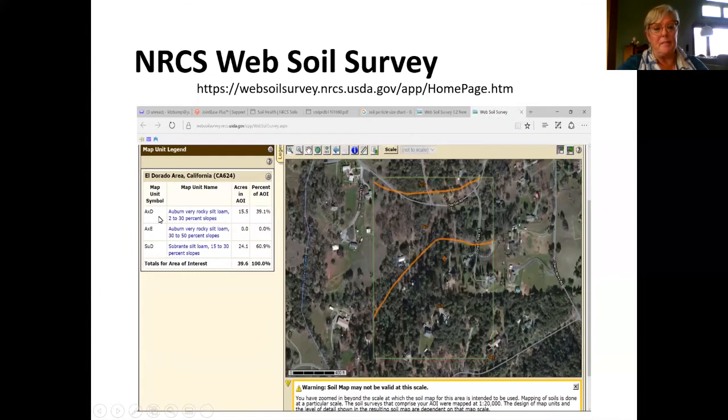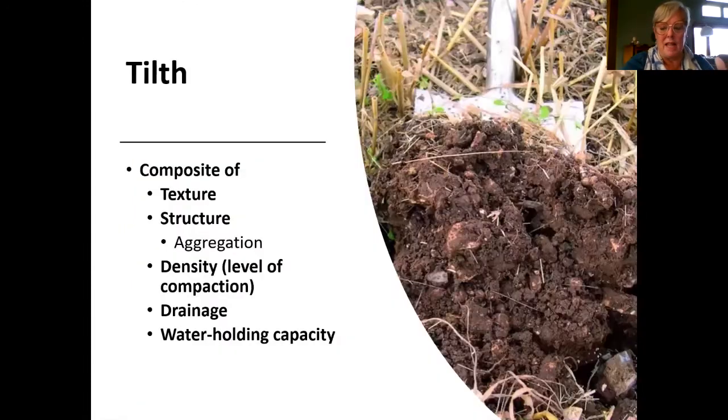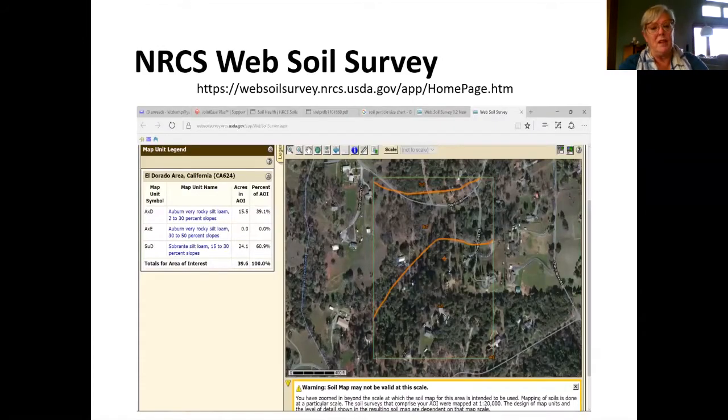You come over here and you can see what these designations are. It shows you the soils named. And then from there, you can click on those, and when you click on these, it will tell you exactly what you have. So in my case, all of my soils are pretty much silty loams.